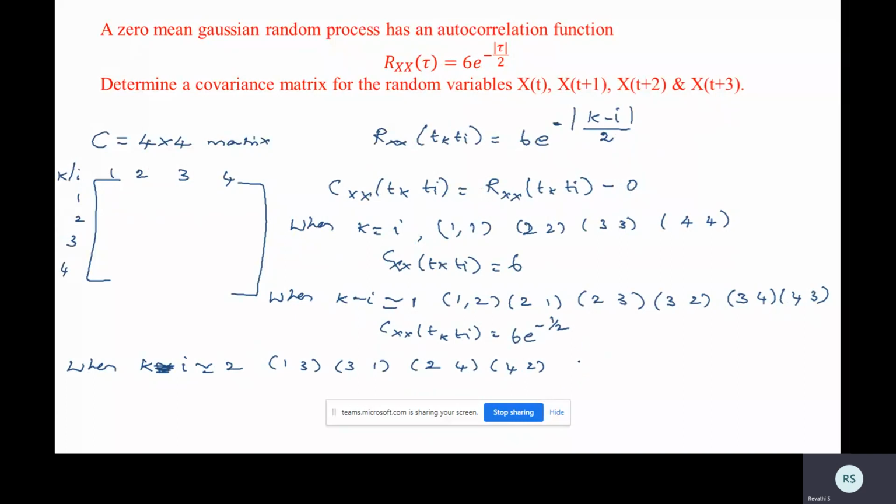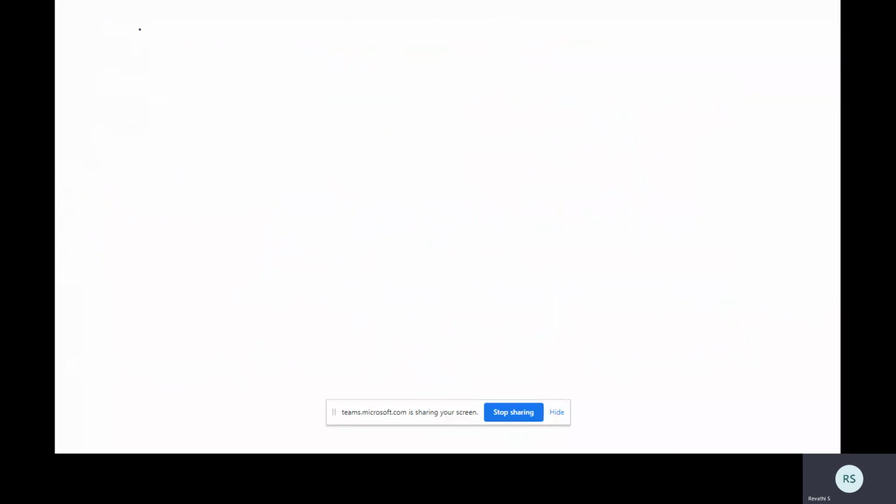Only this much. Under this case, Cxx of tk comma ti is nothing but 6 e power minus 2 by 2, so you will write it as minus 1. And find the third thing, k minus i difference should be equal to 3.